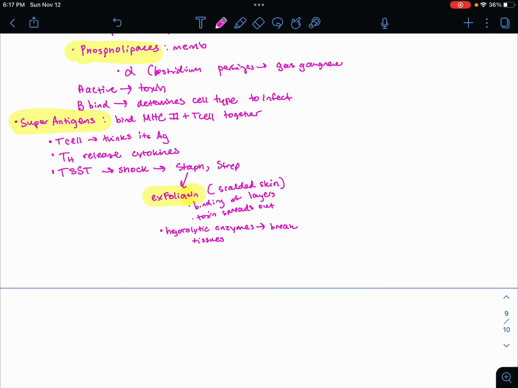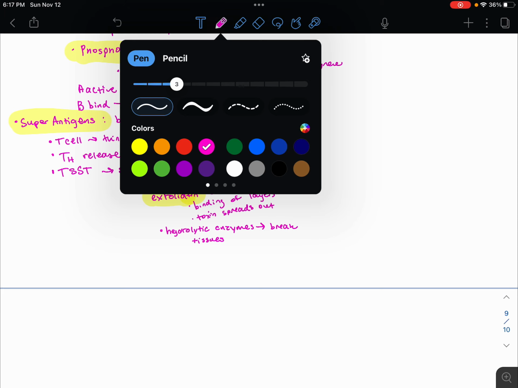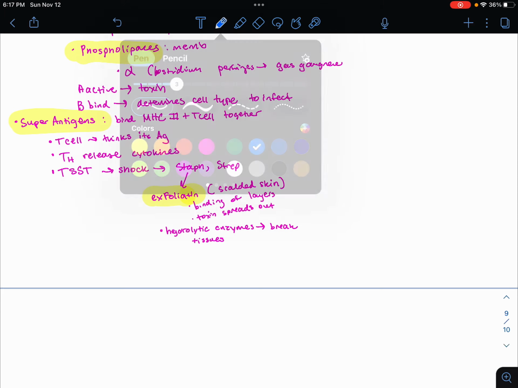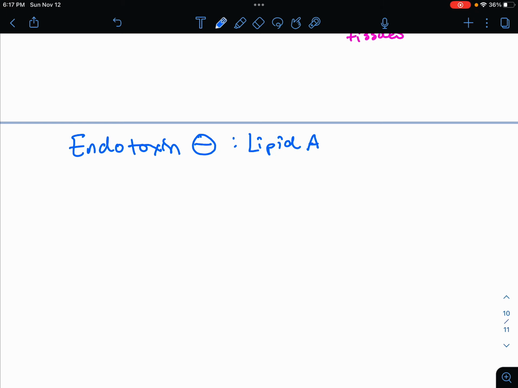Okay, endotoxin. Again, this is only going to be in gram-negative bacteria. And it's the lipid A of the lipopolysaccharide on the outer membrane. This is going to cause the inflammatory response.